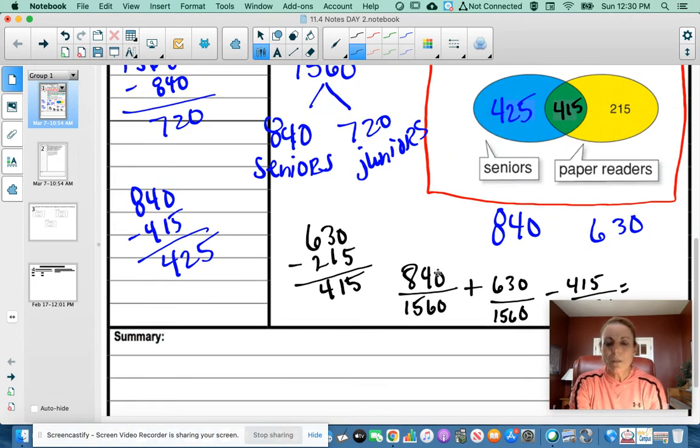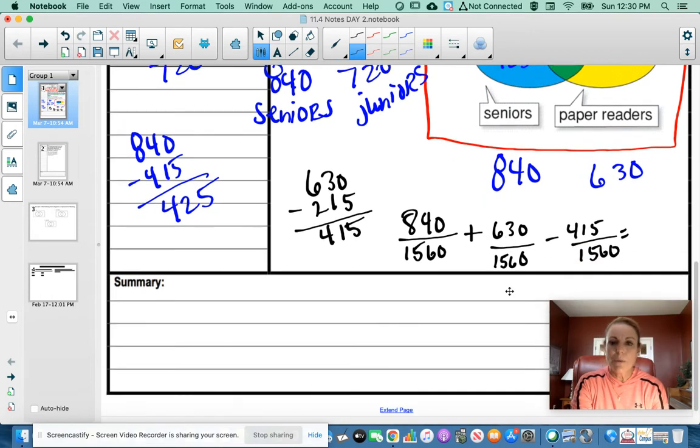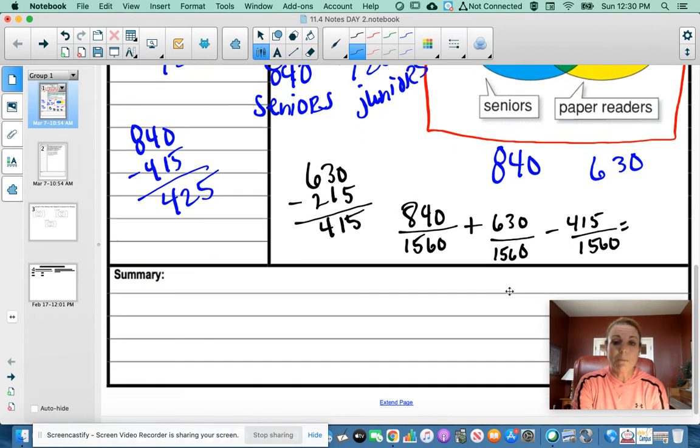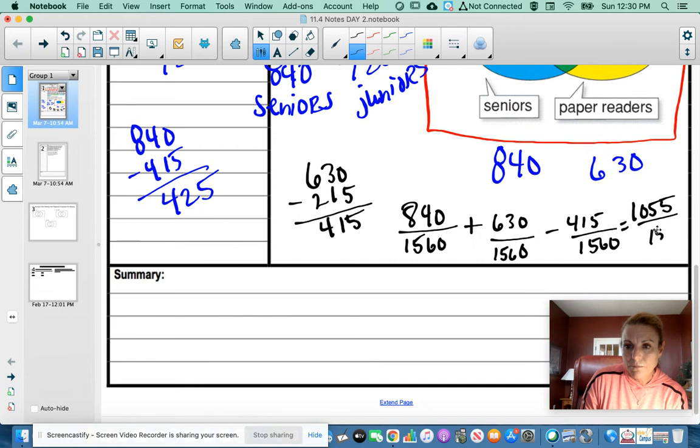The first probability is the probability that a student was a senior. There are 840 out of 1,560 that are seniors, 630 are paper readers, and we subtract off the overlap. So 840 plus 630 minus 415 is going to give us, and I can reduce that to get 211 over 312.